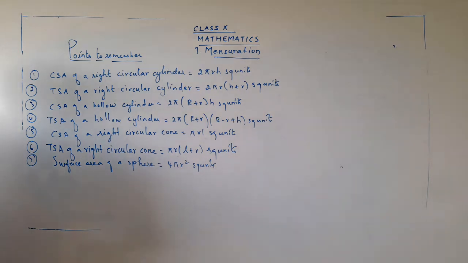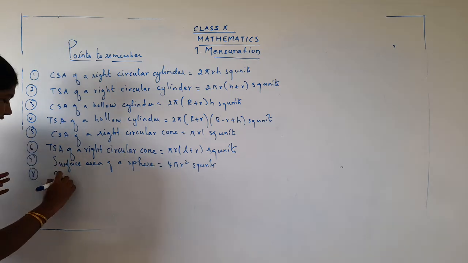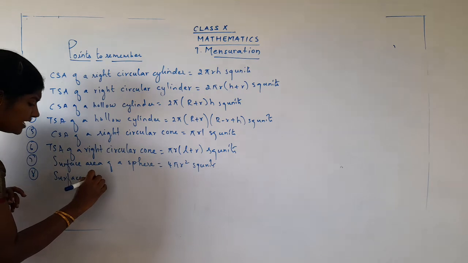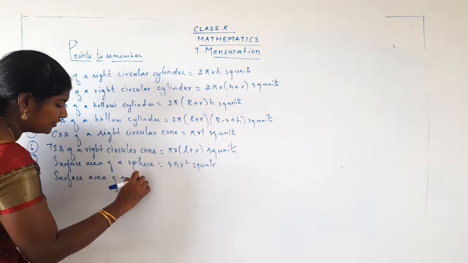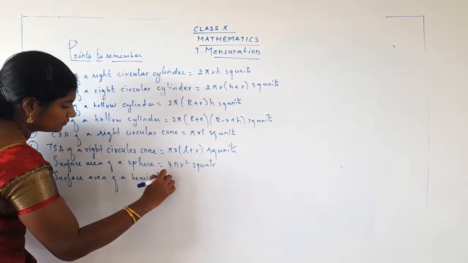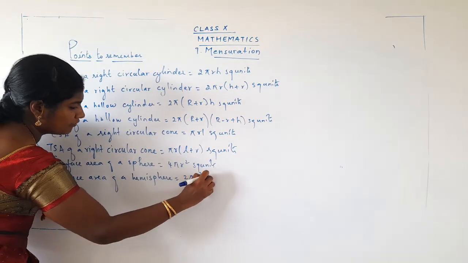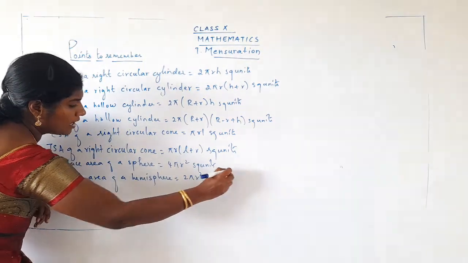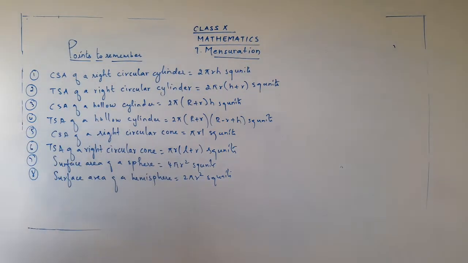Coming to hemisphere, here we have only surface area; we don't have CSA and TSA. Next one is the surface area of a hemisphere. Hemisphere means half of it. So the CSA of a hemisphere is 2 pi r square units.